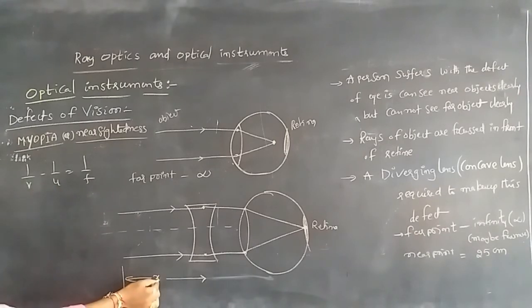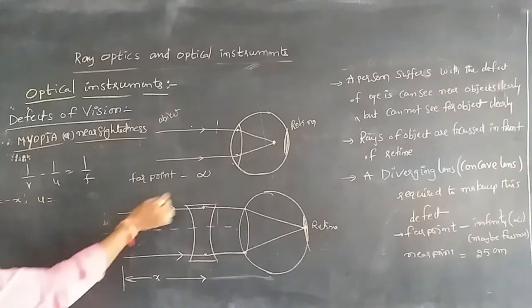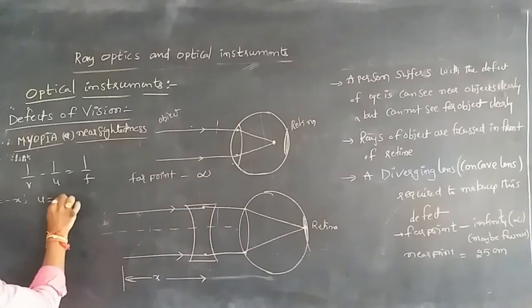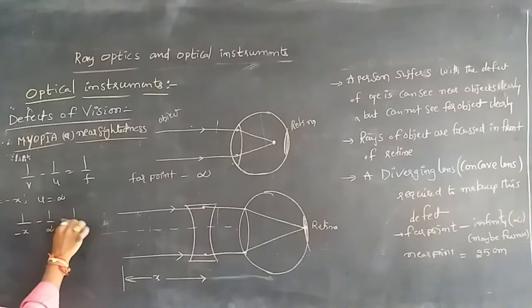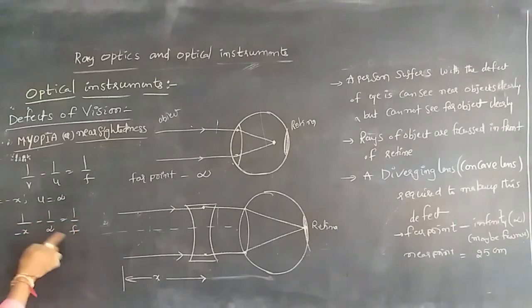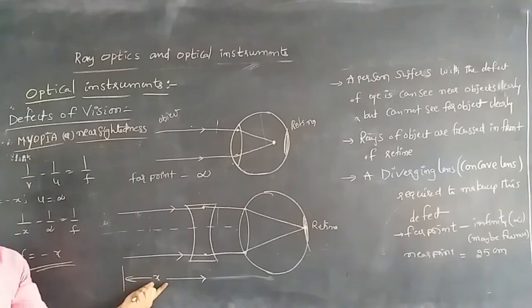The image is formed at distance x on the opposite side of the incident ray, so we write v equals minus x. We know the far point is infinity, so the object is placed at infinity, and u is infinity. Then 1/(minus x) minus 1/infinity equals 1/f, so f equals minus x. By using the distant object we can measure that.